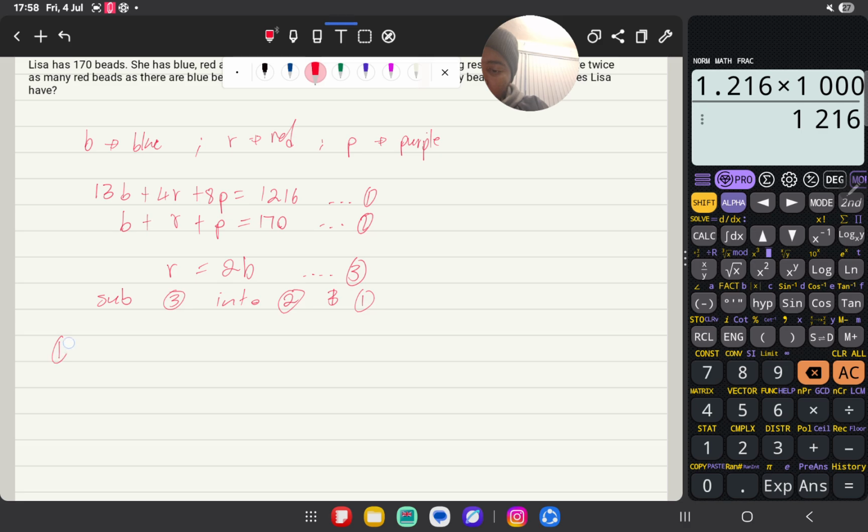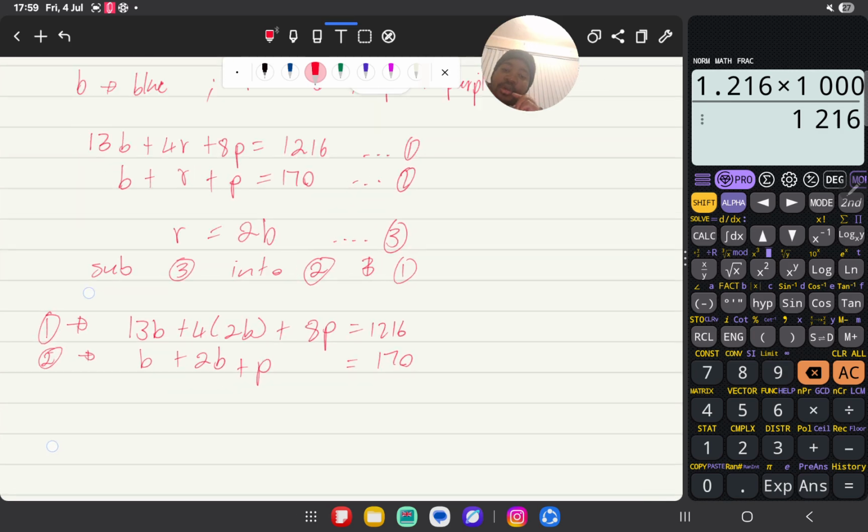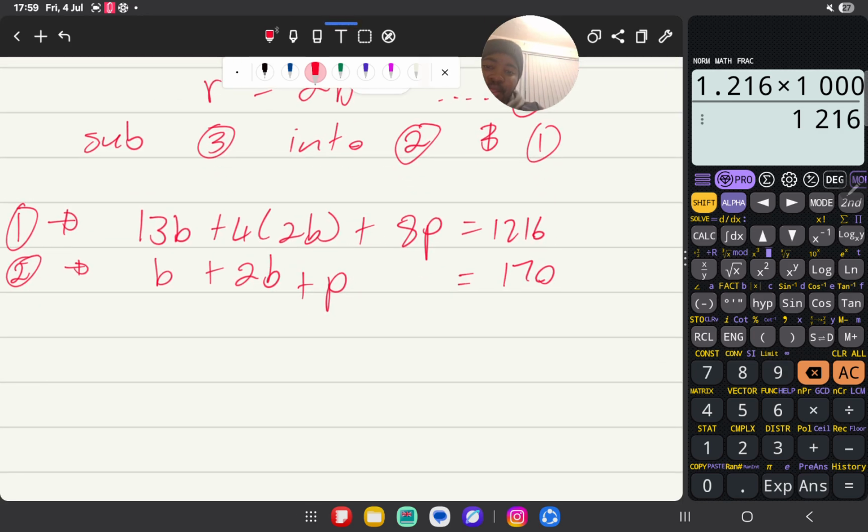So then 1 will be something like this. We have 13B plus 4 into 2B plus 8P equals 1216. Then 2 becomes B plus 2B plus P equals 170. Now it becomes very, very easy.